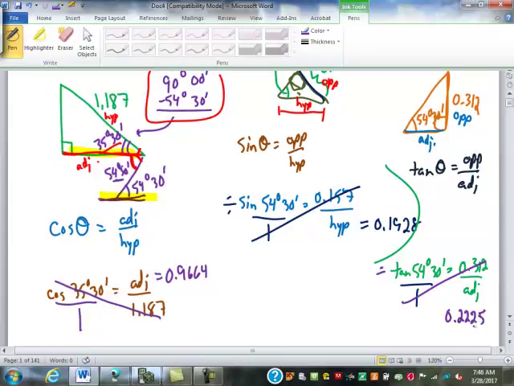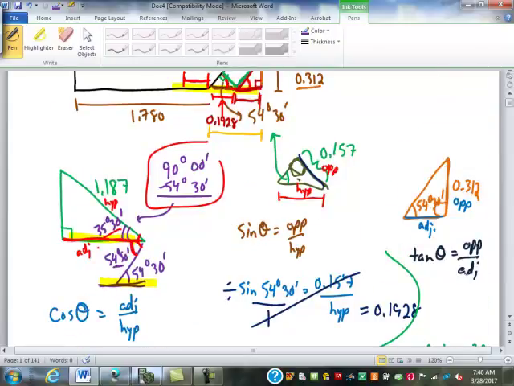Hold on, so that little triangle, how are you getting that distance from the way you have that triangle? From this one? No, this one. Yeah, let me write this one in here quick first. This distance here, we had the 0.157, right? Here's my right angle. I'm saying that distance is right.